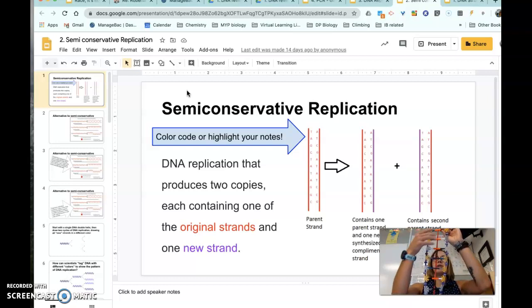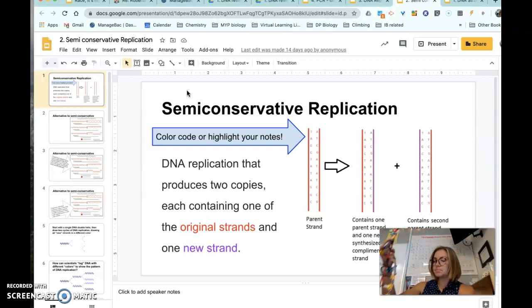These hydrogen bonds are ultimately going to be broken apart, and when we break those apart, that is going to reveal the original parent strand's base pairs. And since, for example, G can only bind with C, when we're bringing in new nucleotides to create this new strand, only a C can fit in this base pairing rule.